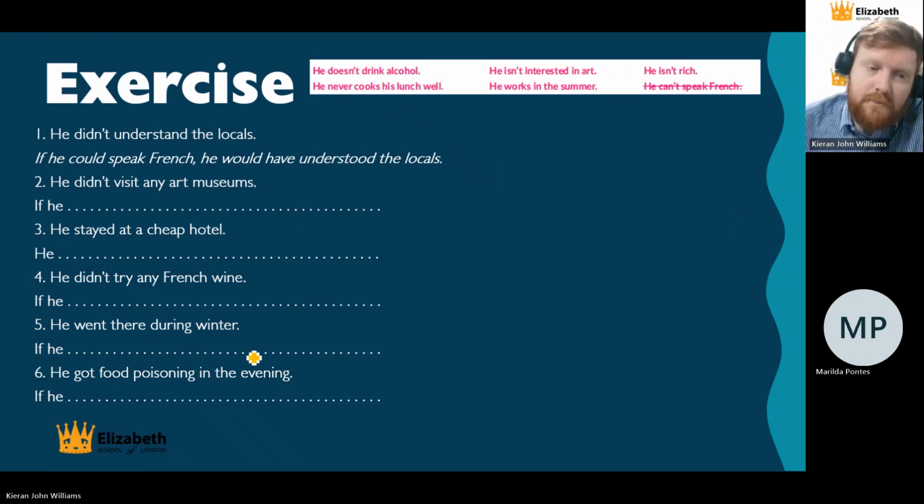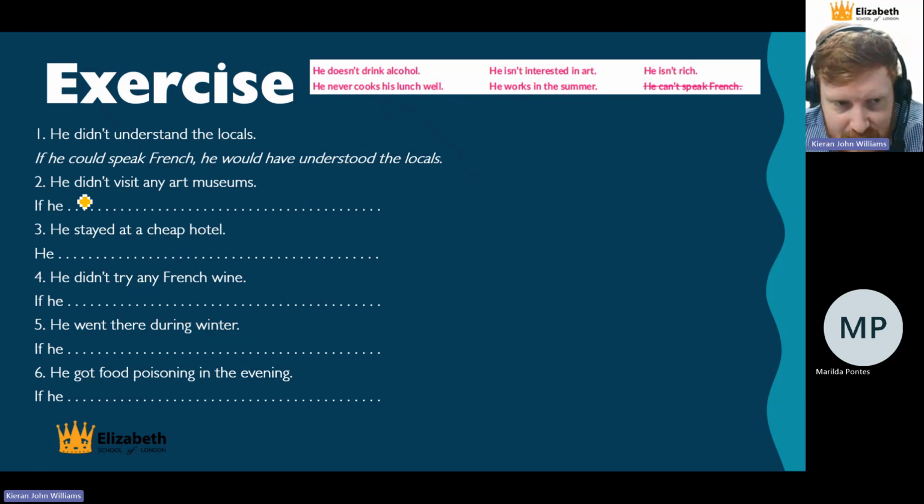So let's have a look at the second sentence here. When he was in France in the past, he didn't visit any art museums. Well, if we look at some of these facts up here, it tells us that he isn't interested in art. So he didn't visit any museums. But let's imagine that is different.